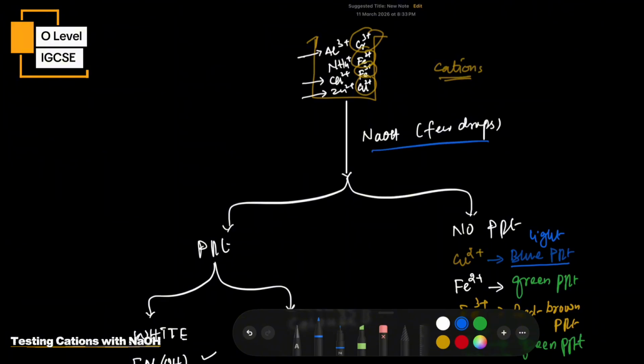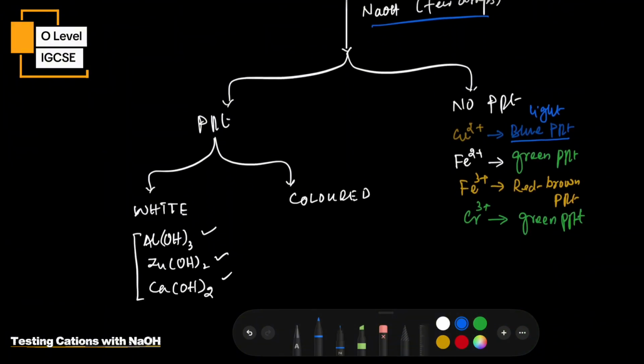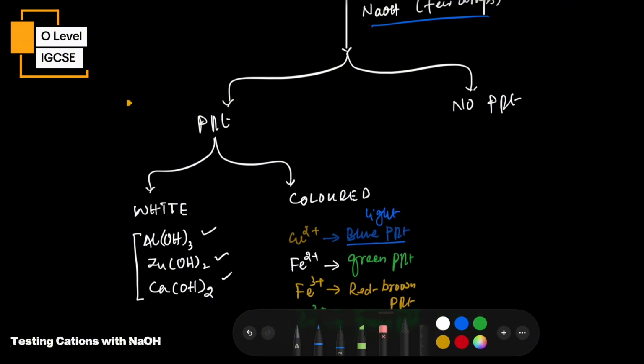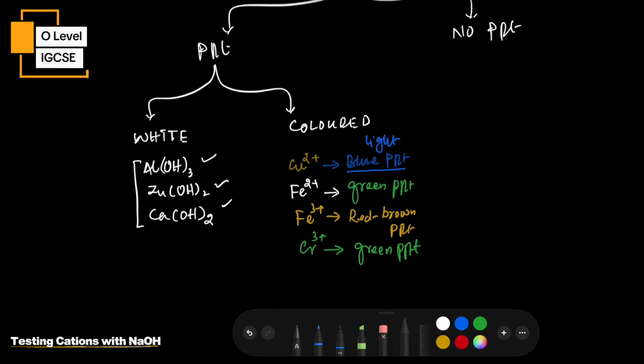Let's suppose these 8 types of cations may be present. In case of colored precipitates, the precipitate of copper 2 positive ion is light blue in color.